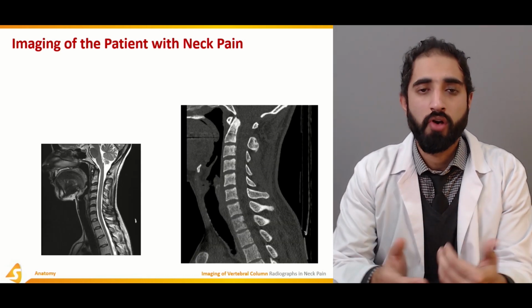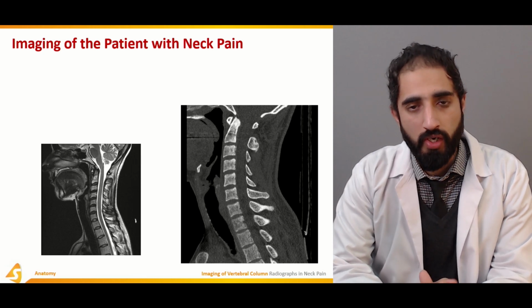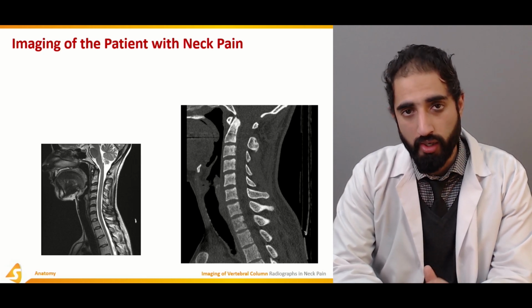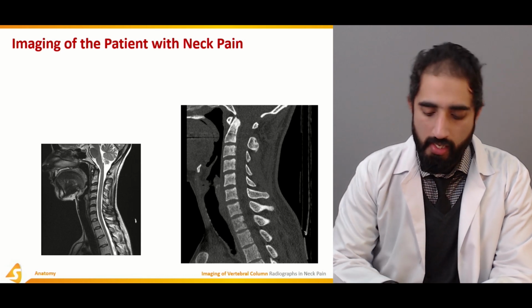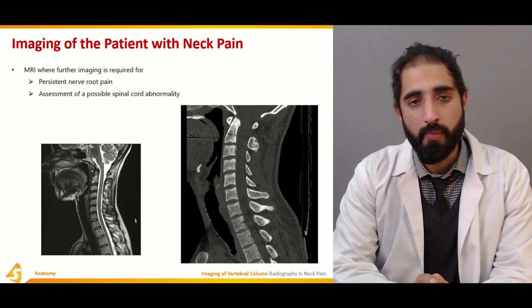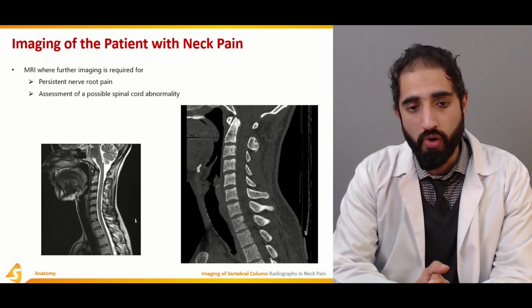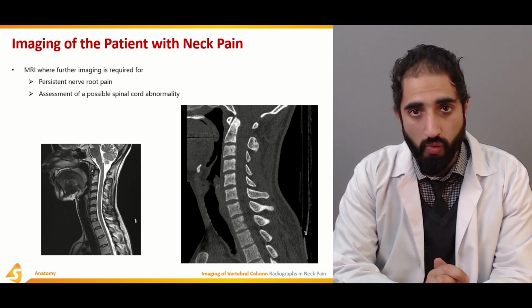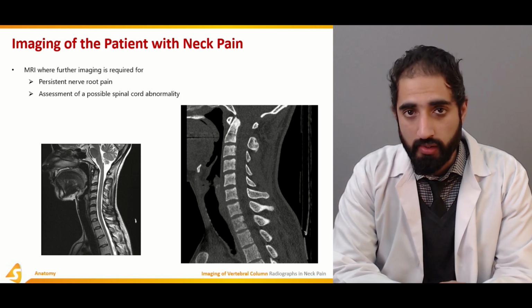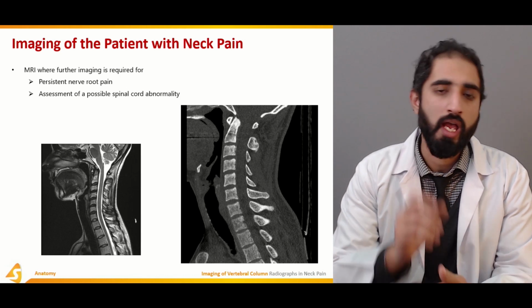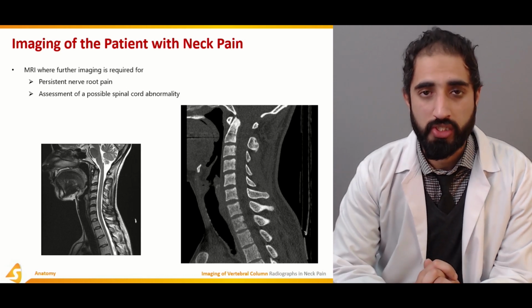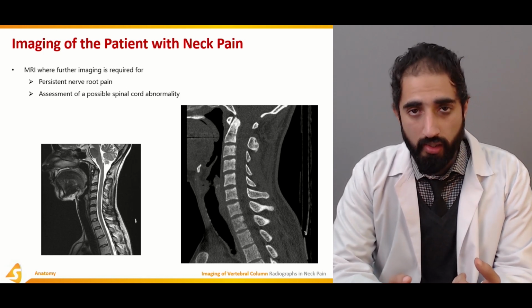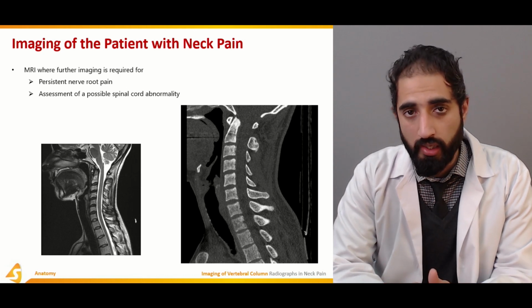In terms of other options for imaging of the patient with neck pain, we can also go for a magnetic resonance imaging scan or a computerized tomographic scan, depending on the need. So MRI is something that we can go for when further imaging is required in terms of persistent nerve root pain, because MRI can visualize the soft tissue structures in a much better way, such as the nerve roots as well as the spinal cord.